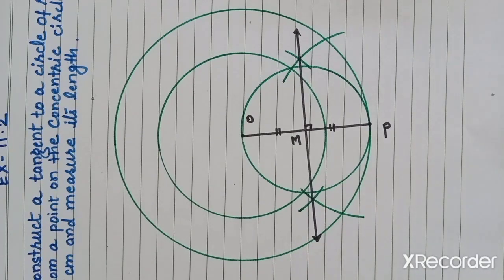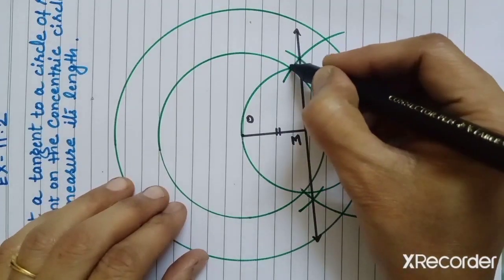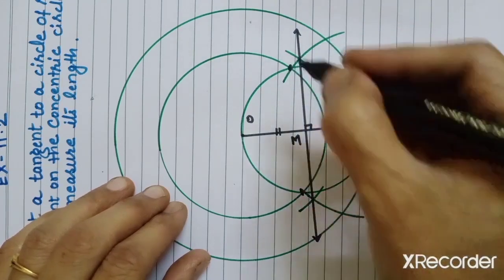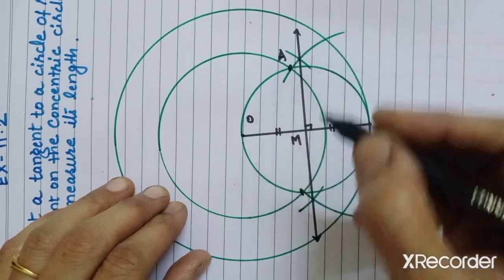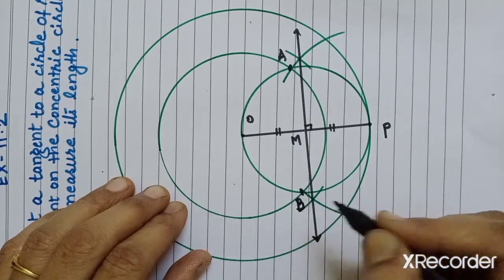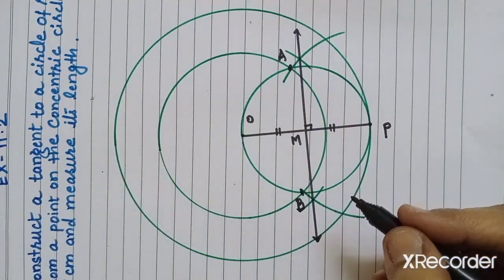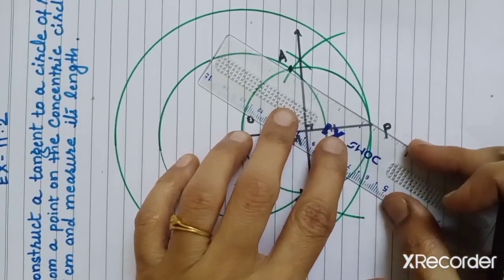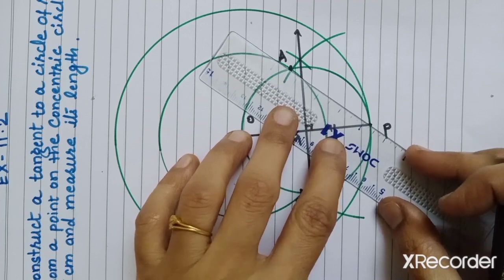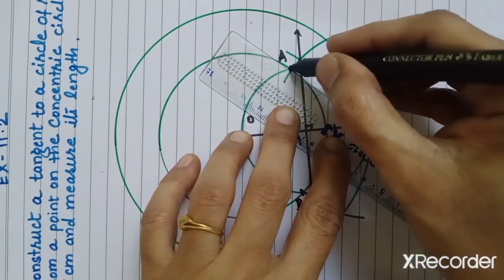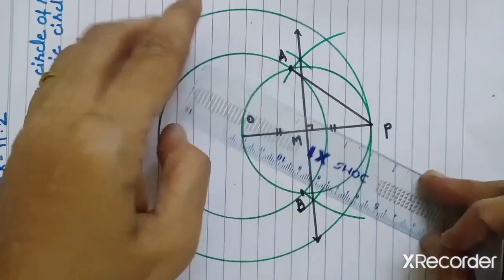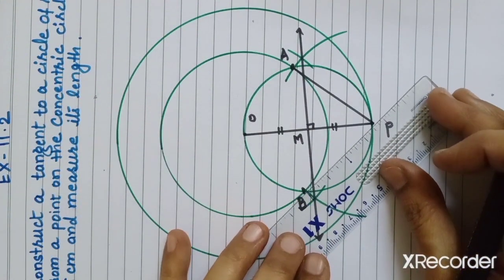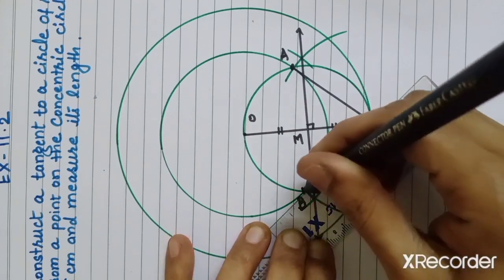So this circle will intersect the inner circle in two distinct points here. Suppose this is point A and this is point B. So now join AP and PB. So let us join. This is tangent AP and this one is tangent BP.